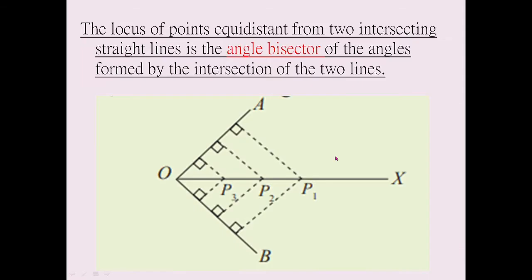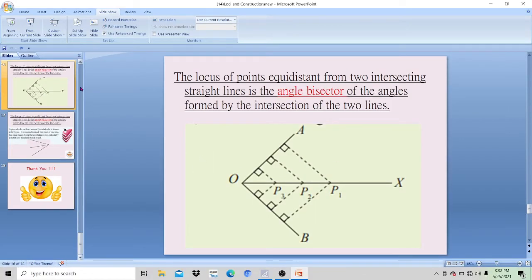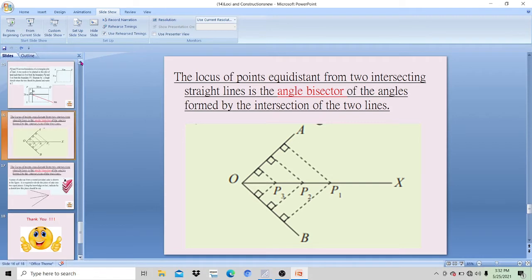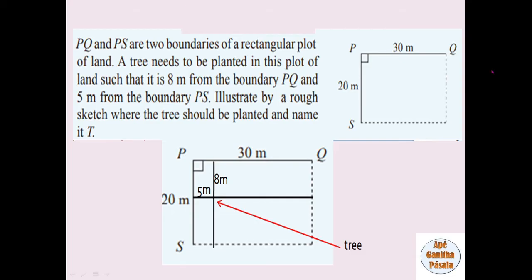Look at this question. PQ and PS are two boundaries of a rectangular plot of land. A tree needs to be planted in this plot of land such that it is 8 meters from boundary PQ.